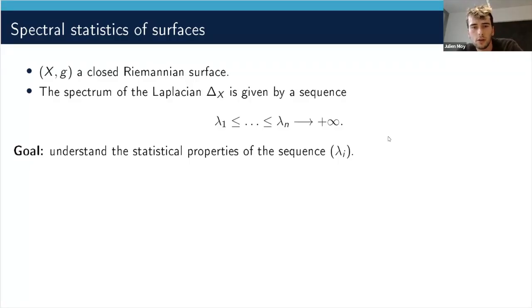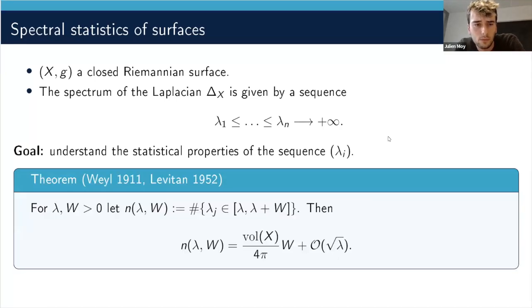But the first result on the distribution of eigenvalues, and probably the most important in the field, is given by the Weyl law, which was proven on manifolds by Levitan, I think, and which tells you the following. You are interested in the number of eigenvalues in a window that starts at lambda and stops at lambda plus w, so w is the width of the window.